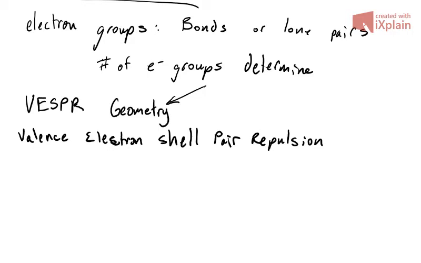So it's valence shell electron pair repulsion. All that means is that electrons repel each other. And since electrons repel each other, it determines how far apart electron groups can get away from each other, and how far apart they can get is what determines what shape they make.